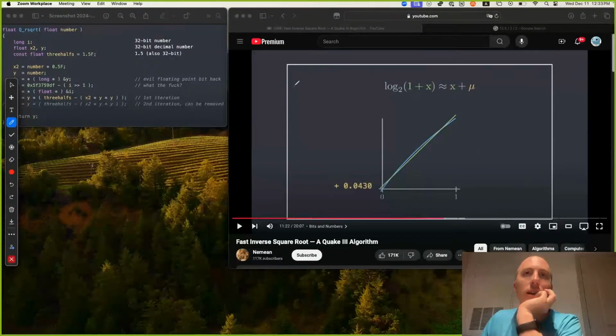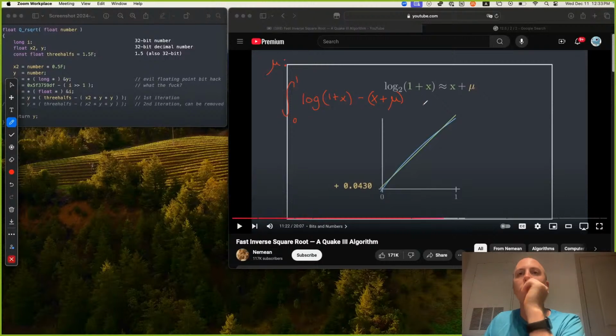So it'd basically be like the integral from 0 to 1 of, for a chosen value of mu, we say, let's evaluate log of 1 plus x minus x plus mu dx, I guess.